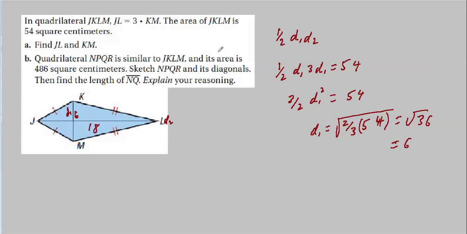Now we have another quadrilateral that is similar and has an area of 486 square meters, and then find NQ. I guess that's the long diagonal.